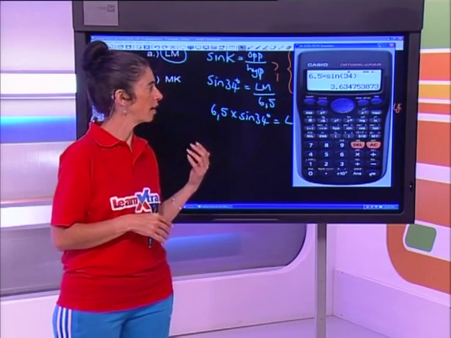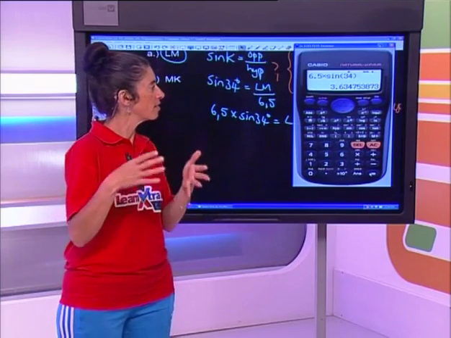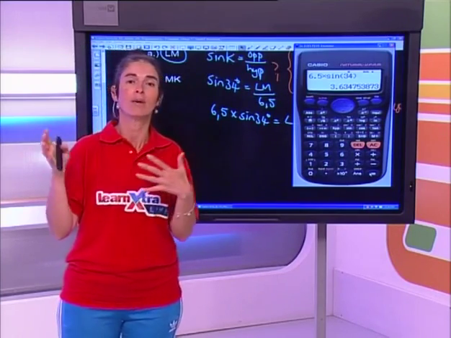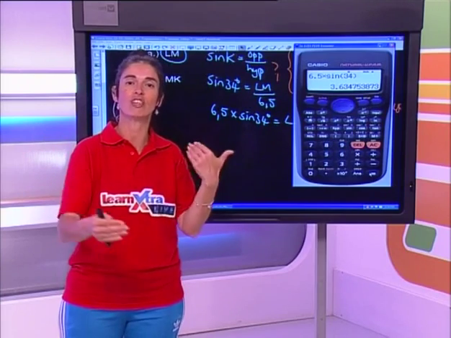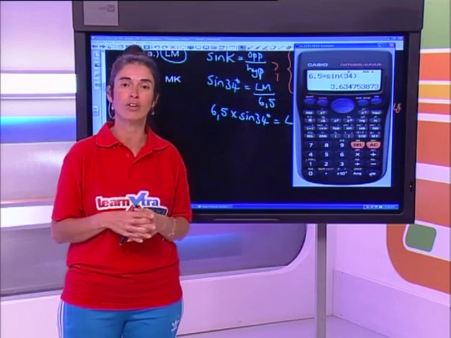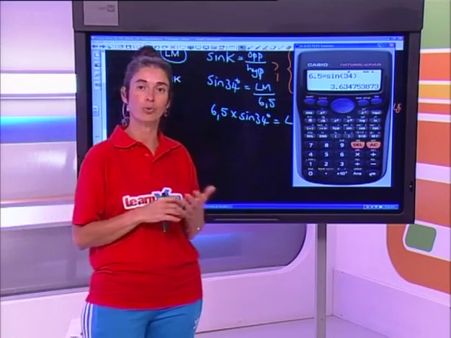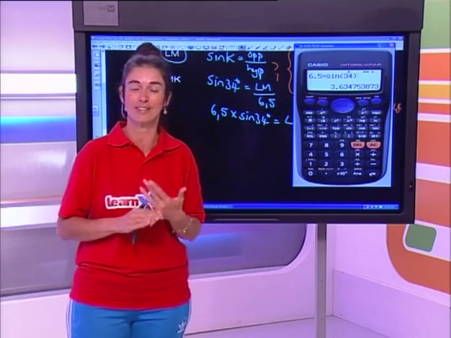If that was 3.6 kilometers, then 3.63475 maybe would make sense if I wanted to change it into centimeters, because I would need all those values for centimeter values. So it just depends what unit you're working in that you'd like to work with a specific kind of decimal place.